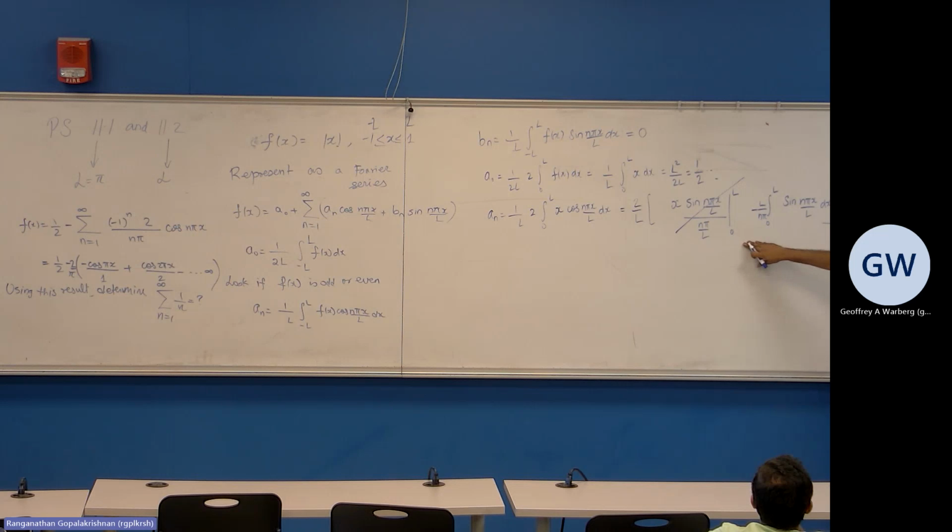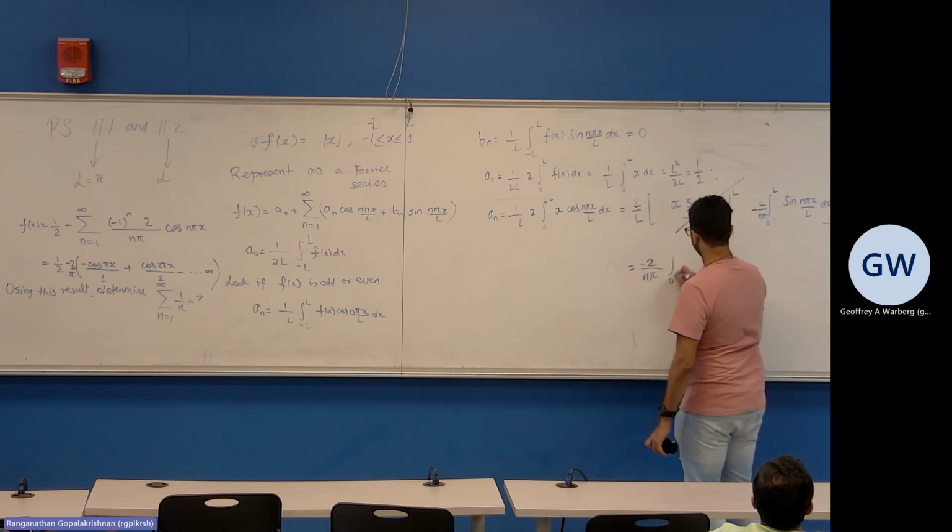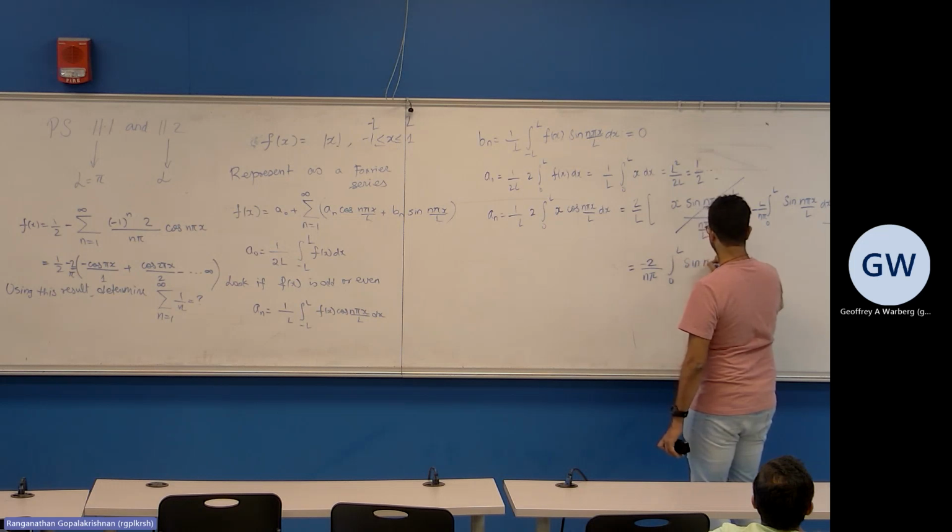So up to here we are okay, right? So I have 2 minus 2 over n pi, integral from 0 to L of sine n pi x over L dx.